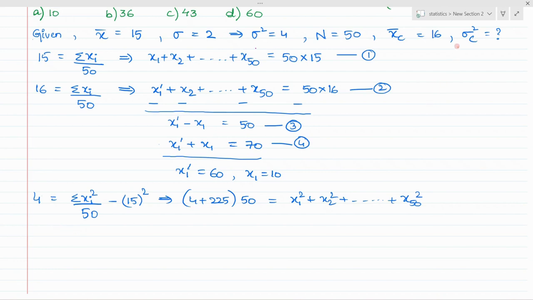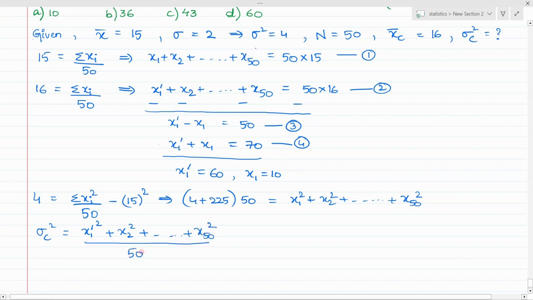And next we need to find the correct variance. So for this, what will be the formula? Here x1 will be replaced with x1 dash whole square, plus the remaining observations remain as they are, upon total number of observations, which is also the same. And what is the correct mean? It is 16 whole square.